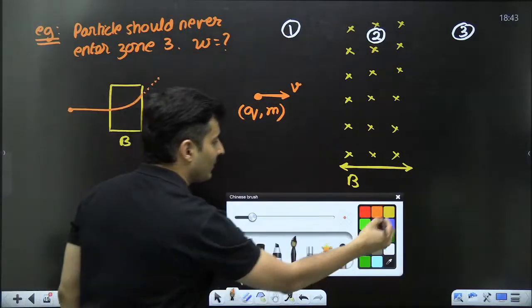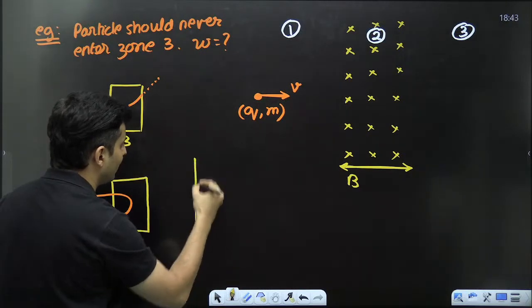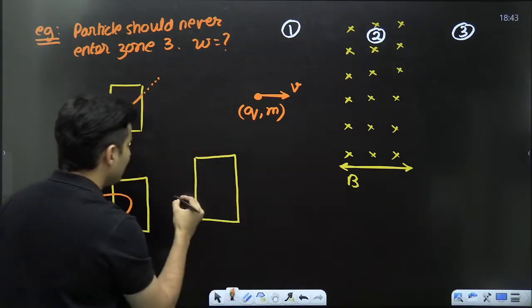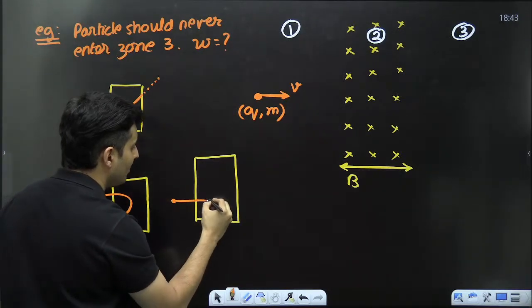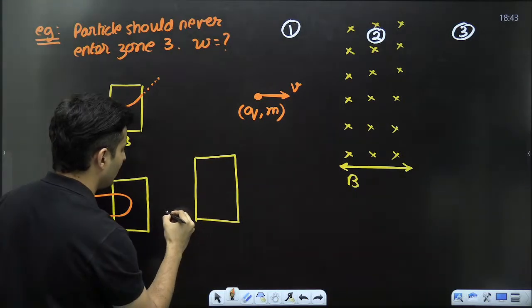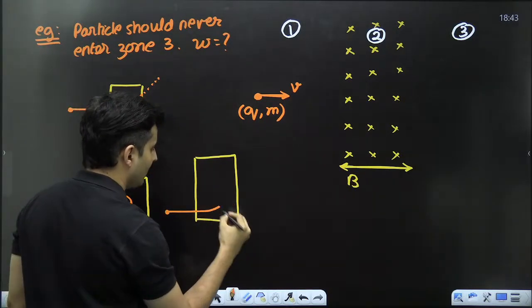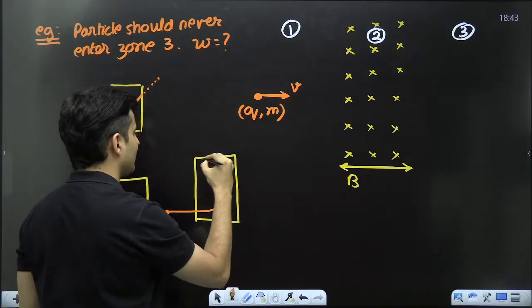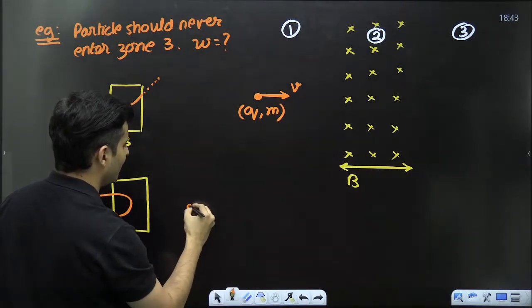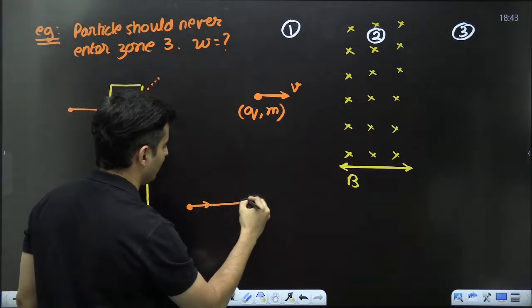So think about it. When I will need minimum width, the charged particle will enter and turn like this. Wait, I'll just draw the motion first, then I will draw this.